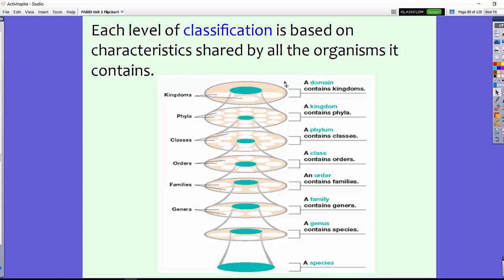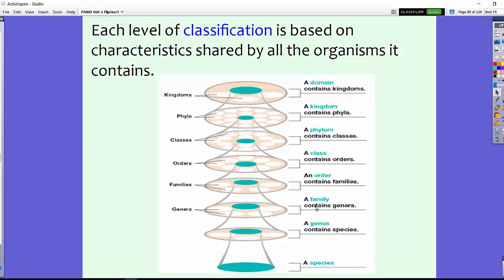We only have three. A domain contains kingdoms, and then the kingdoms contain phyla. The phyla contain classes. The class contains orders. An order contains families.